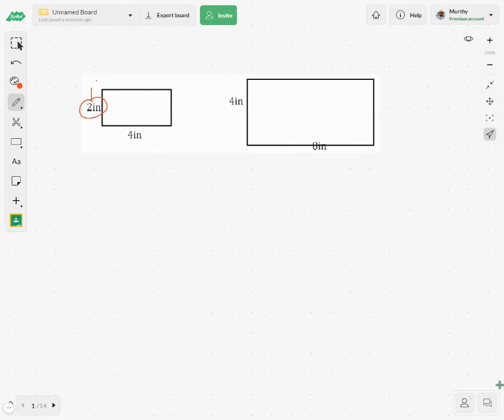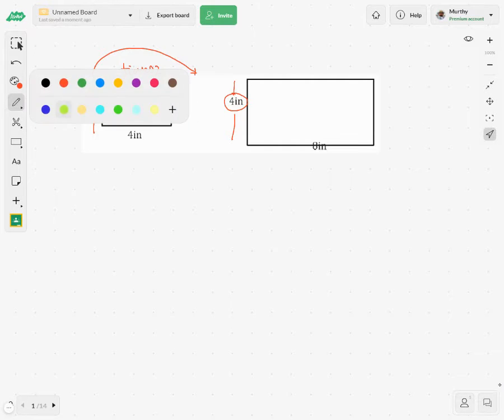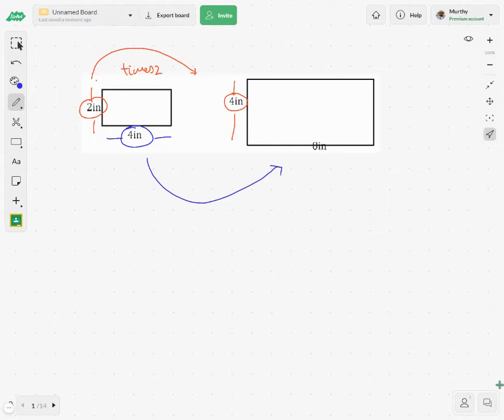It is 2 inches, and I see that it is 4 inches, right? So, how many times? Simply times 2, that gives you 4, right? Let me take the length, and this one is 8 inches. So how many times? It is times 2. So that gives you 8.